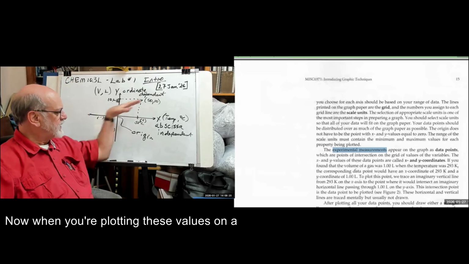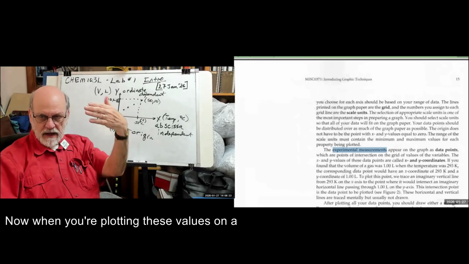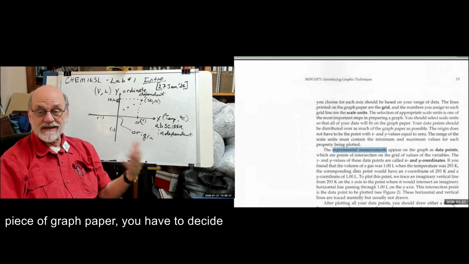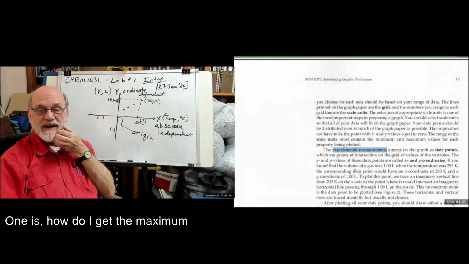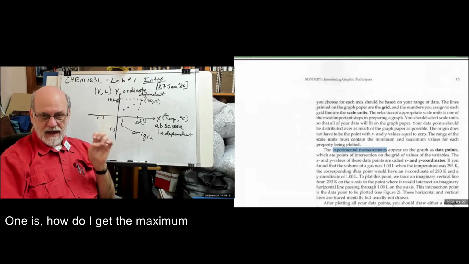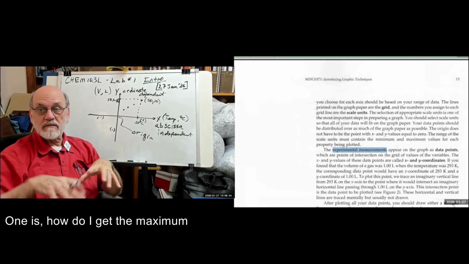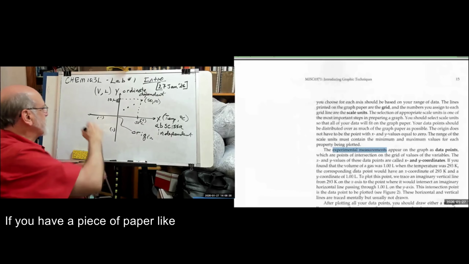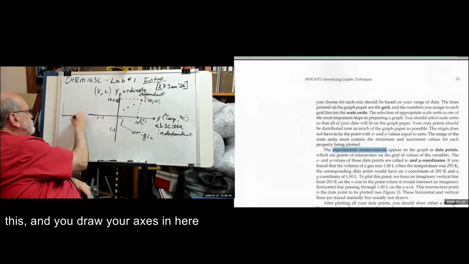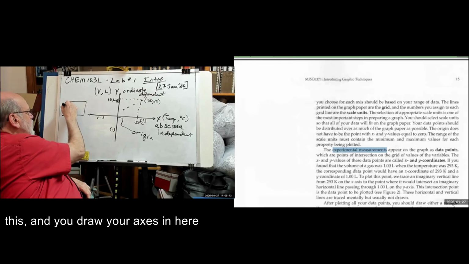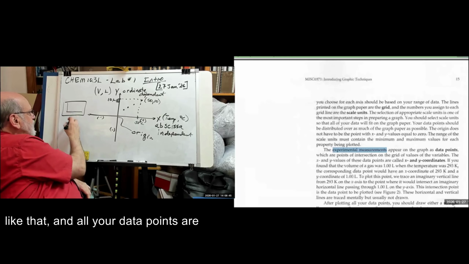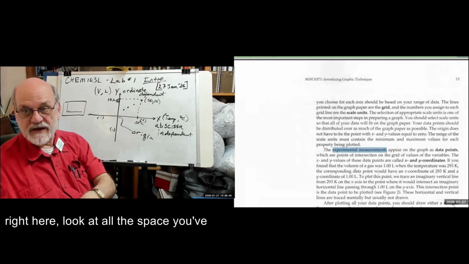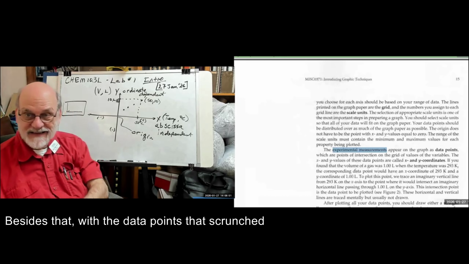Now, when you're plotting these values on a piece of graph paper, you have to decide several things. One is, how do I get the maximum use of that piece of paper? Right? If you have a piece of paper like this, and you draw your axes in here like that, and all your data points are right here, look at all the space you've wasted.